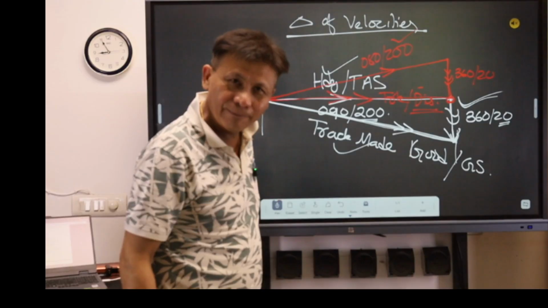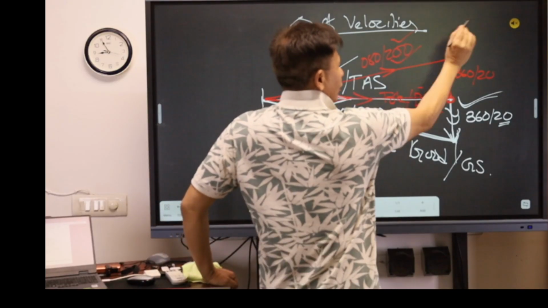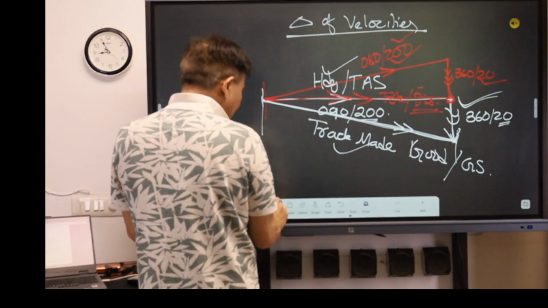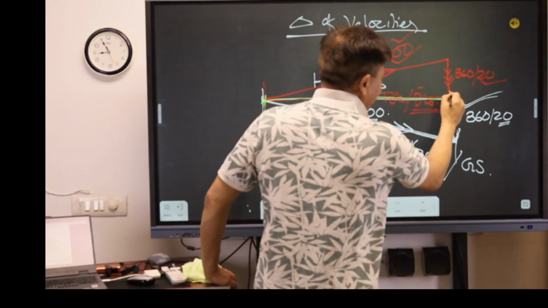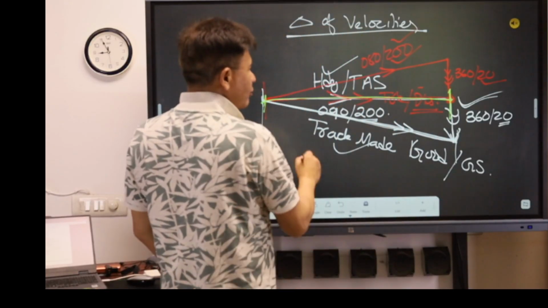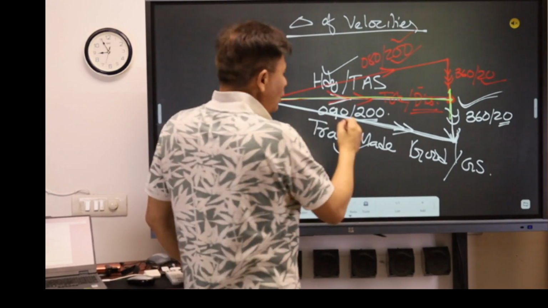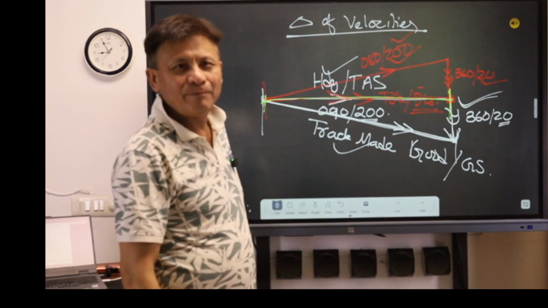Am I right? Since we are drawing a component for 1 hour, 200 is in 1 hour, 20 is in 1 hour, the length of this particular arm, from here to here, if I have to draw, is what we call the ground speed. That is the physical distance which we have moved on the ground. So this is now the track and the ground speed component.